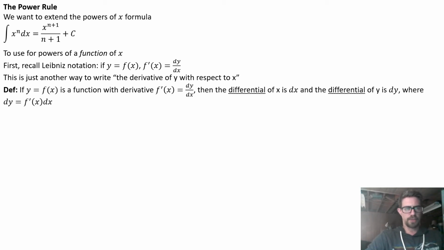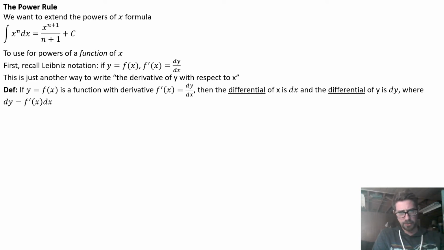Okay, so definition. Right, so y is a function of x, f prime of x and dy dx are the same thing. Then what we call the dx is called the differential of x. You can think about it as just having quantity equal to 1, because like the derivative of x is just 1. And then the derivative of the thing on the bottom, dy, is the differential of y.